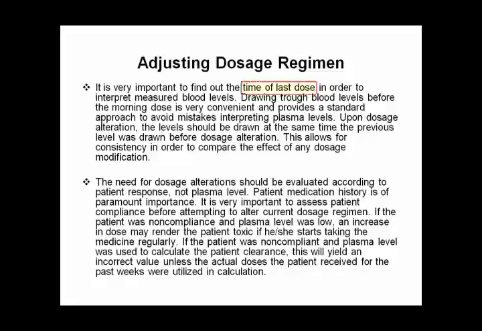In this case, you need to know the time of the last dose, and we need to be sure that the level is a trough level, and you need to correlate level with response. If the patient is toxic, you want to lower the level, and you want to know how much you want to lower the level to or by.